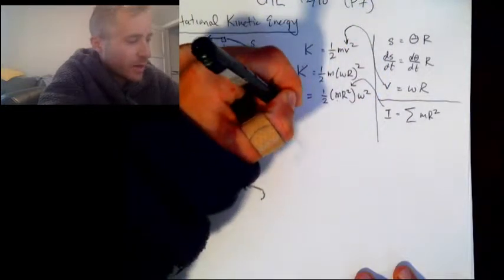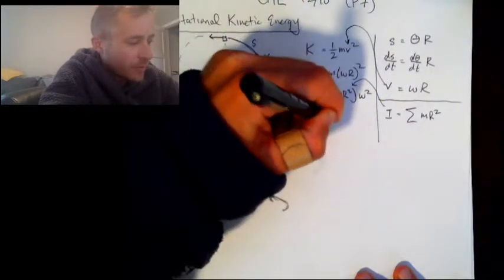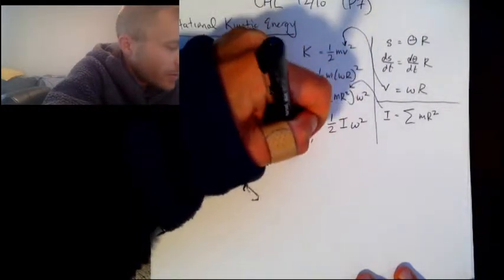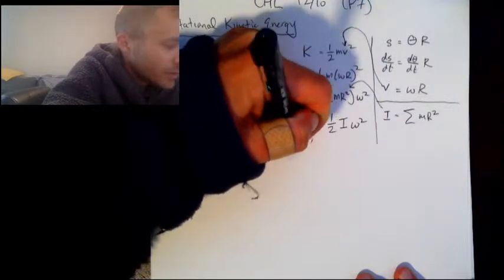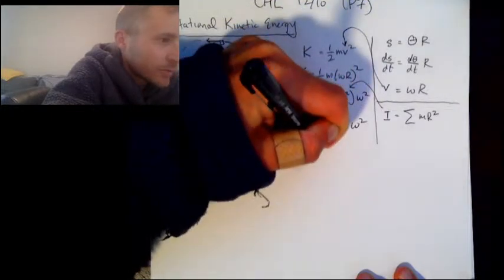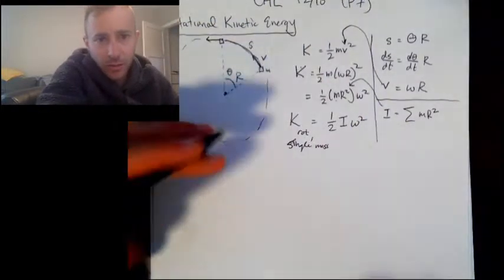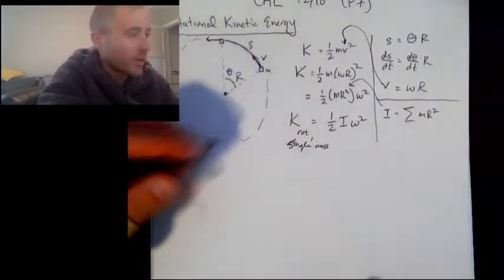So I could write it as 1/2 I omega squared. Okay? So this is the rotational kinetic energy of a single mass, which is not terribly useful. If you had a single mass, you would probably just use 1/2 mv squared.